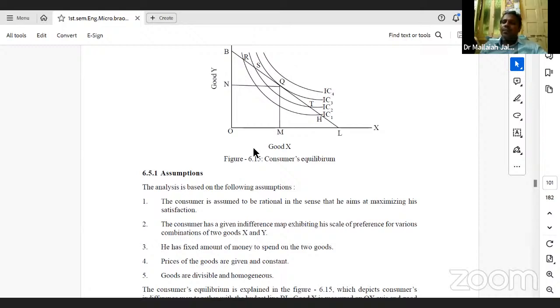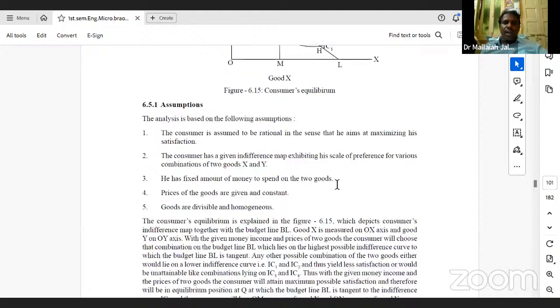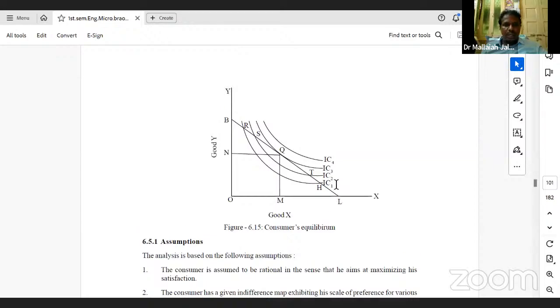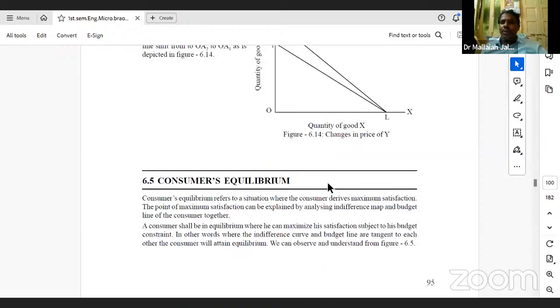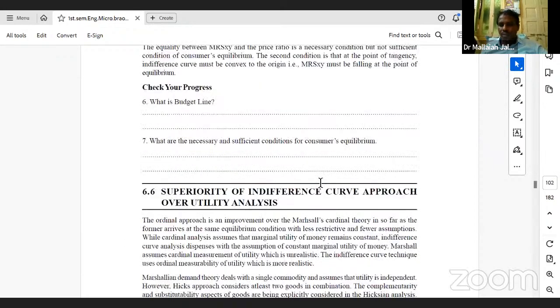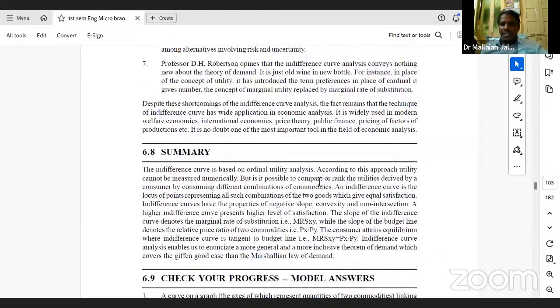If the goods are complementary, it is L shaped; if perfect substitutes, it is a straight line sloping downward from left to right. These are the topics we have discussed so far, and we have also seen how consumer equilibrium works. Is it clear?